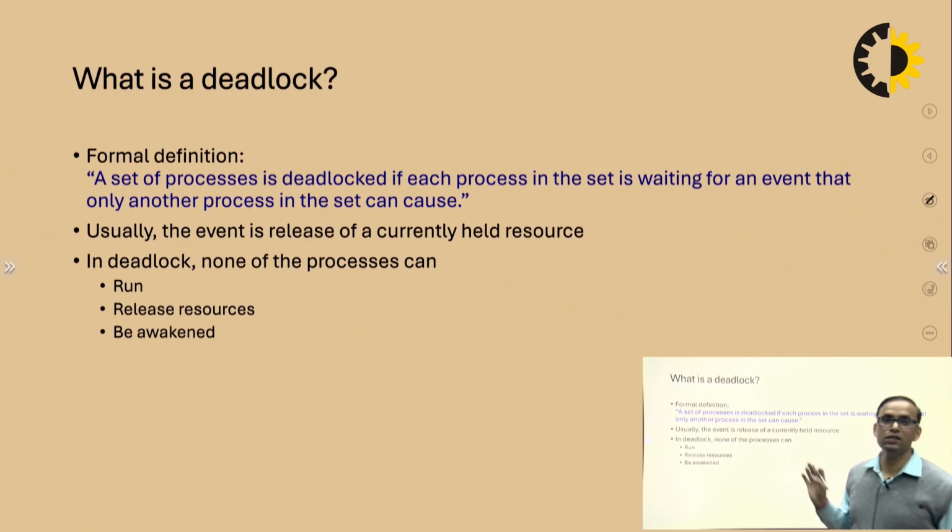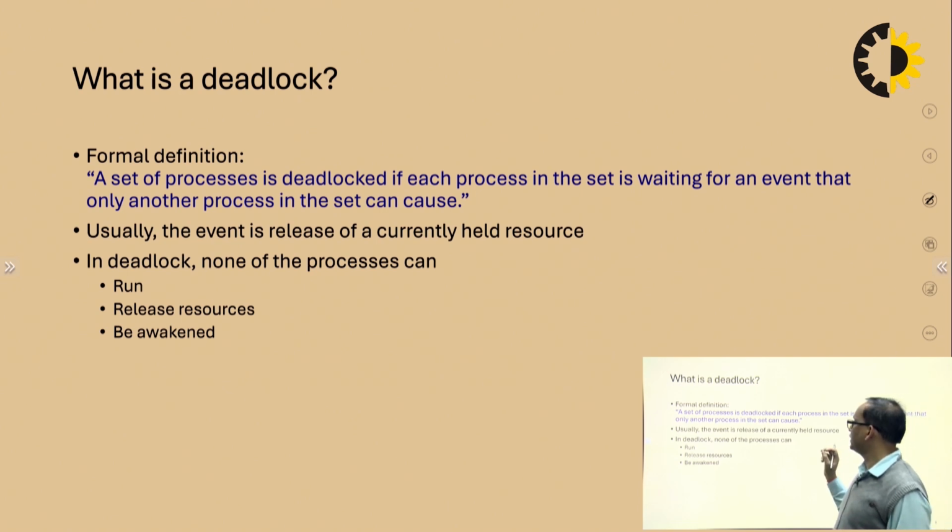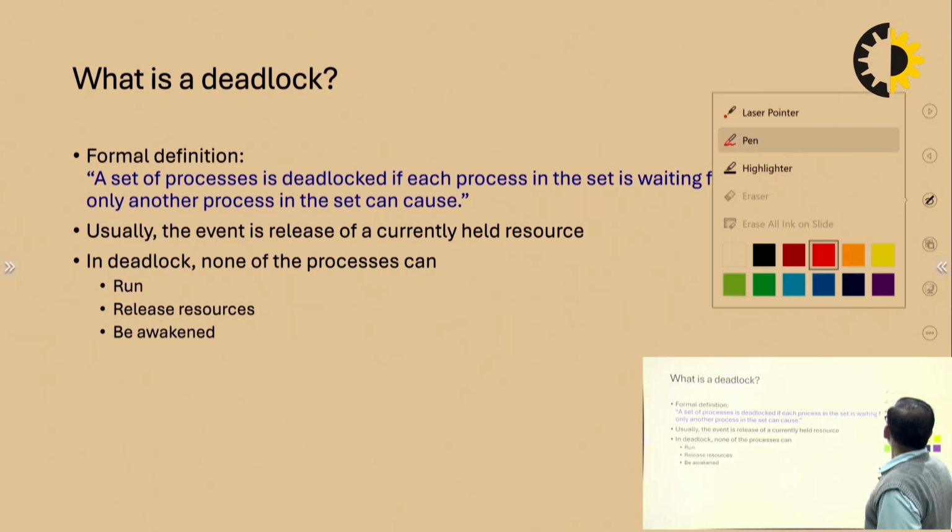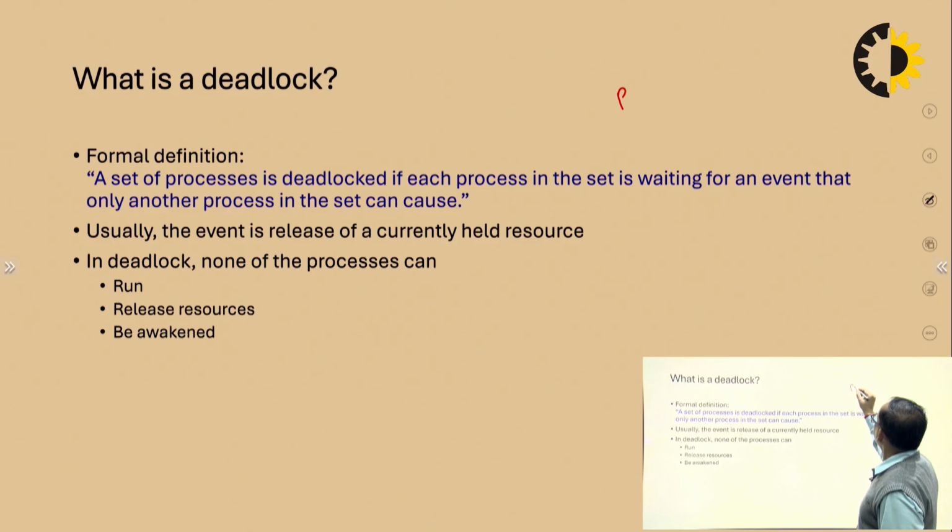Next, this is the formal definition of a deadlock problem. A set of processes is deadlocked if each process in the set is waiting for an event that only another process in the set can cause. Like here I explain, suppose there are 2 processes P1 and P2 and 2 resources. The first resource is R1 and suppose it has a single instance.